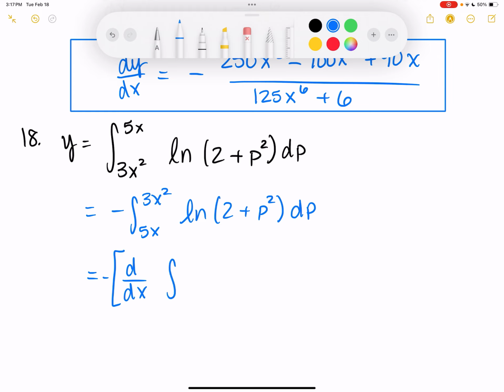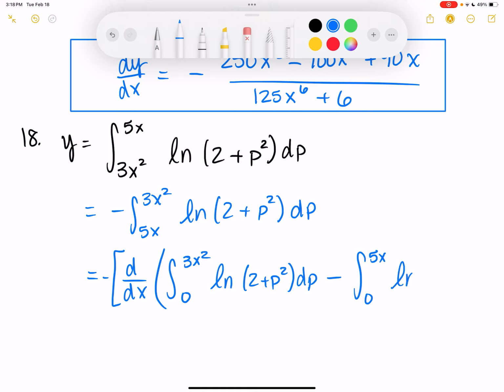The integral from 0 to 3x squared of the ln of 2 plus p squared dp minus, also I should have a parentheses here, the integral from 0 to 5x of the ln of 2 plus p squared dp. And then since I used a bracket because of the negative sign, I'm going to bracket that off.